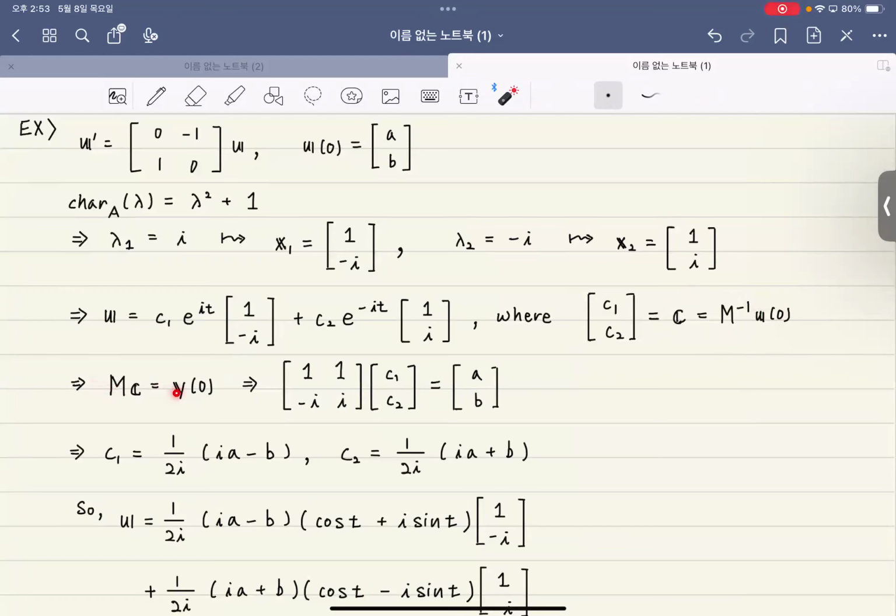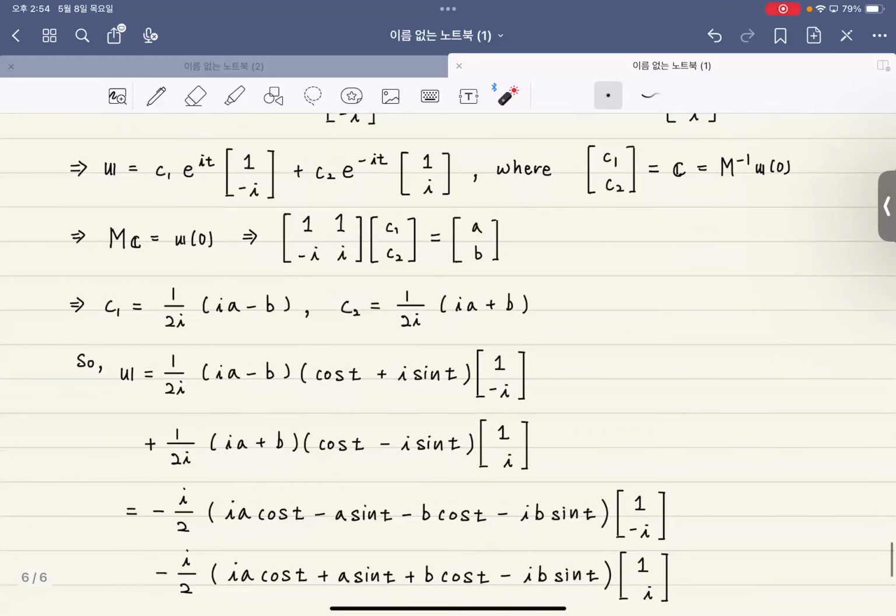Therefore, MC is U0, and the columns of M are the eigenvectors of matrix A. So this is M, this is C, and this is A, B. Therefore, you can easily solve for C1 and C2. C1 is this number and C2 is that number. This is just a matter of computation.